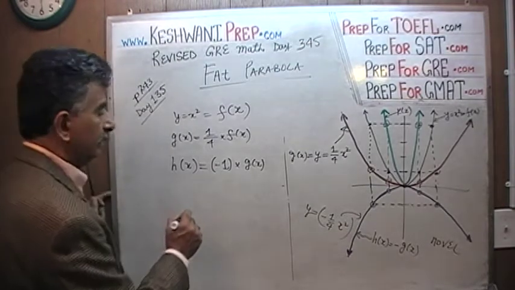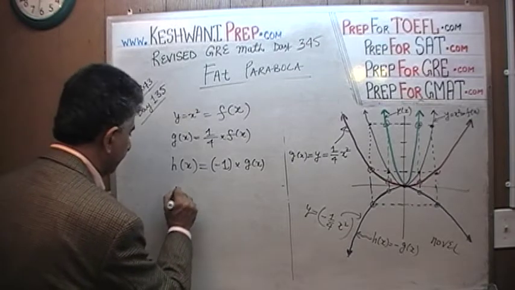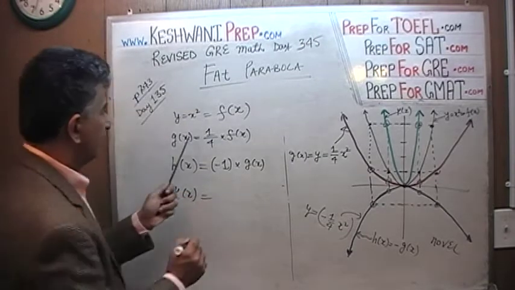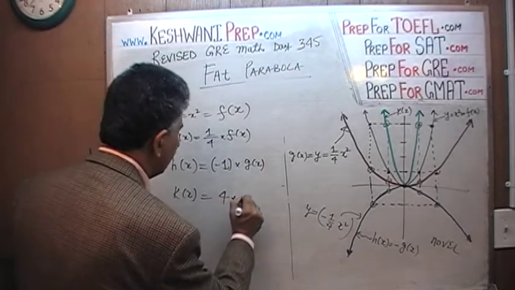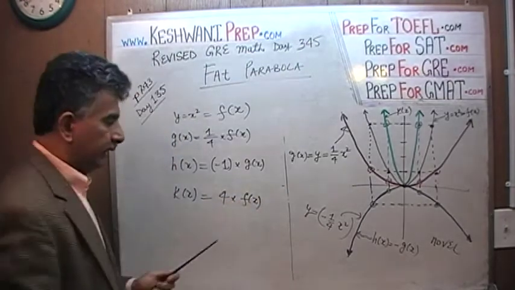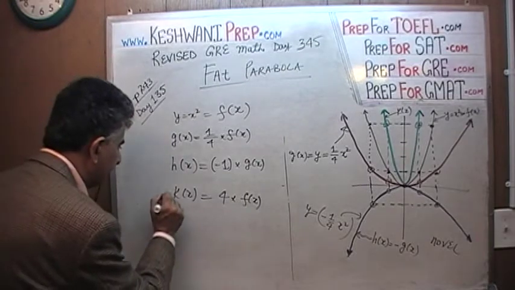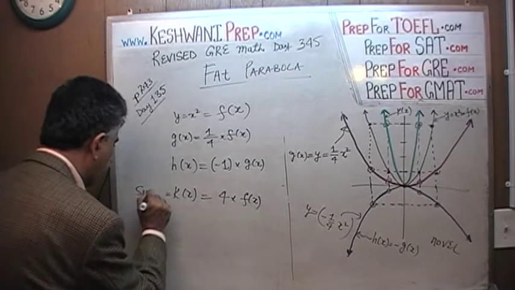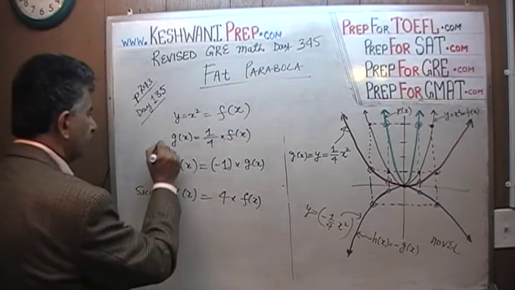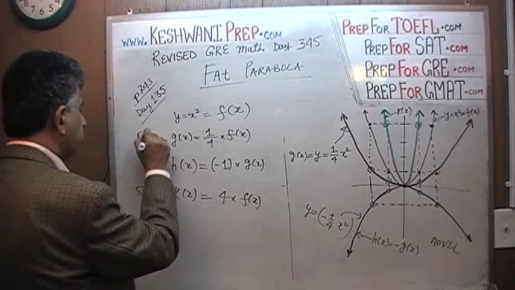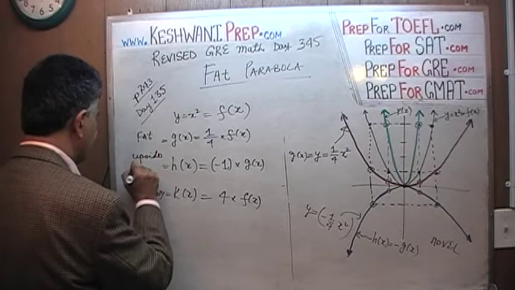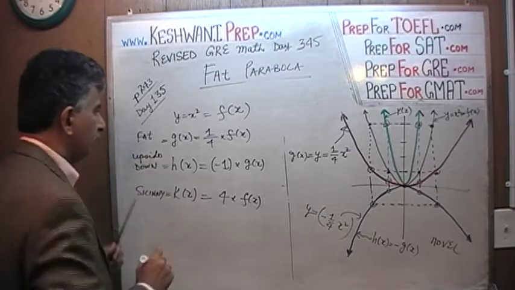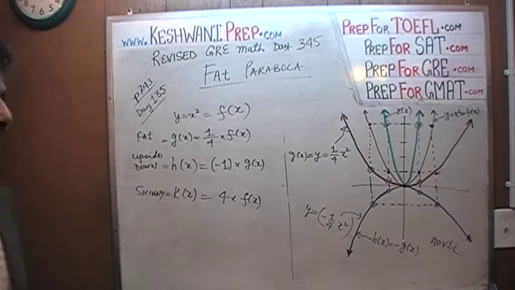And finally, we found out that instead of multiplying by a fraction, 1/4, if you multiply it by 4, it gets skinny. So this guy is the skinny guy. This guy is the fat guy. And this guy is the upside down. And that's all there is.